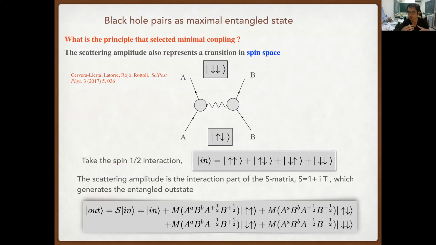It's really a transition between different spin states. For example, if you have an in state given by different configurations of the incoming spins, the S matrix acts on the in state and gives you the out state. The different helicity, different spin configurations then give you different out state configurations.